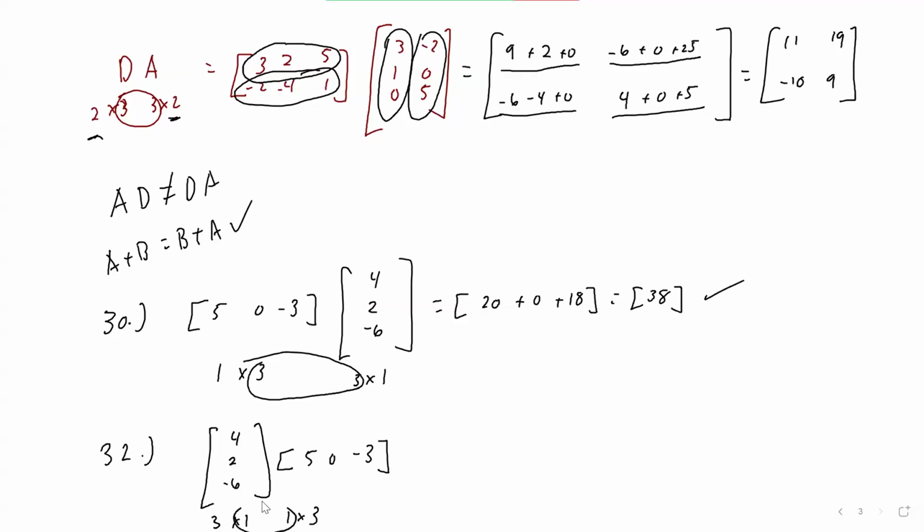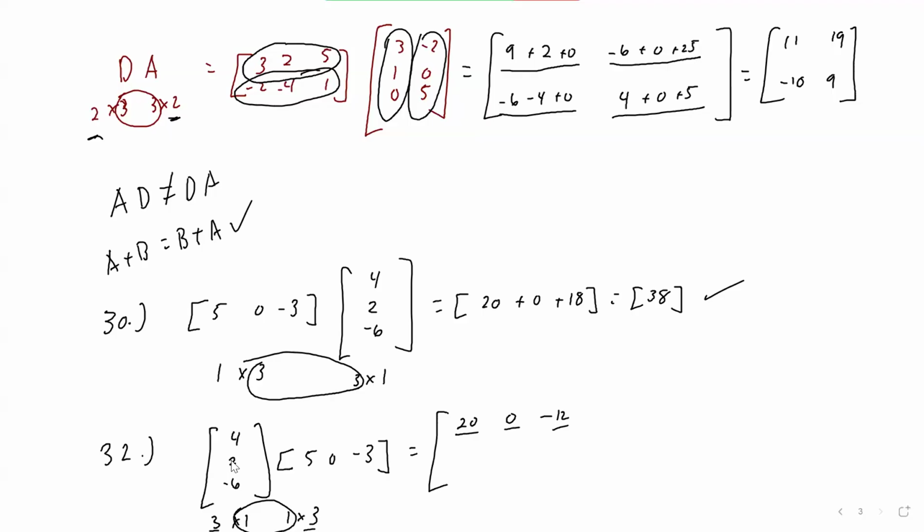It can be done, and the answer ends up being a 3 by 3. Row by column. So that's going to be 4 times 5, which is 20. 4 times 0, which is 0. 4 times -3, which is -12. Notice each one of those are all separate, because this is row 1 times column 1, row 1 times column 2, row 1 times column 3.